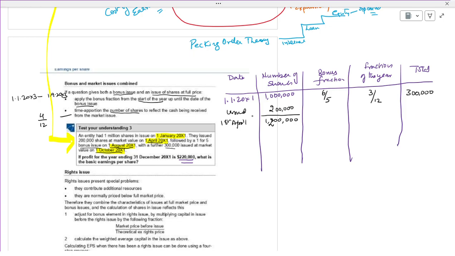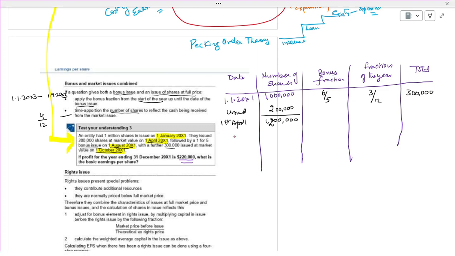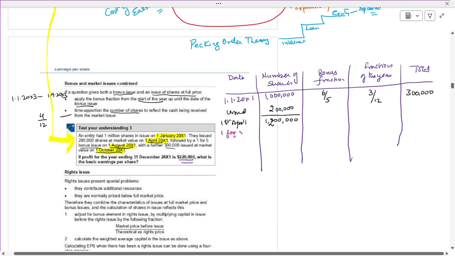When they have issued the bonus issue again, they issued in August. How much did they issue in August? 1 for 5. Is it right?